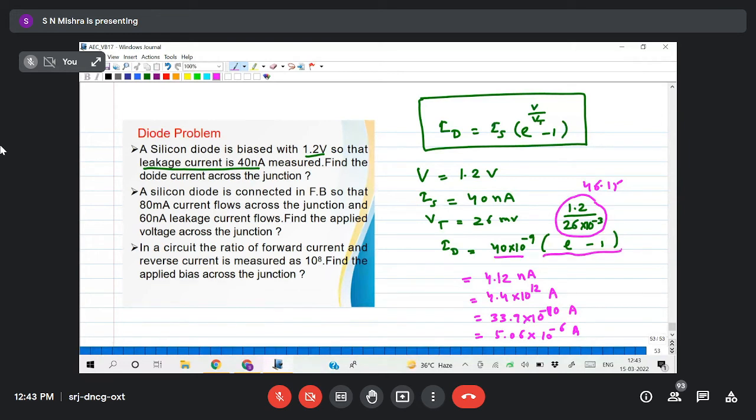If you calculate this one, you will get 1.1 into 10 to the power 20, into 40 into 10 to the power minus 9. That gives 4.43 into 10 to the power 12. So this answer is somewhat correct. It will be 4.43.